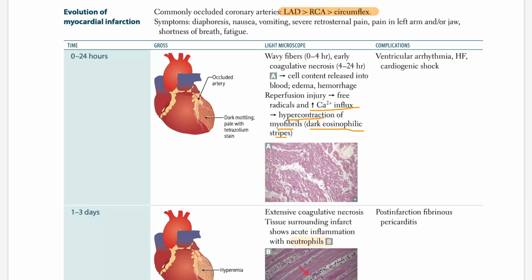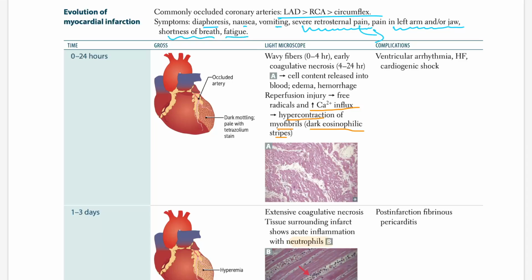LAD is left anterior descending, RCA is right coronary artery, and circumflex is LCX, left circumflex artery. Symptoms are again diaphoresis, nausea, vomiting, severe retrosternal chest pain, pain in the left arm or jaw, SOB, and fatigue.